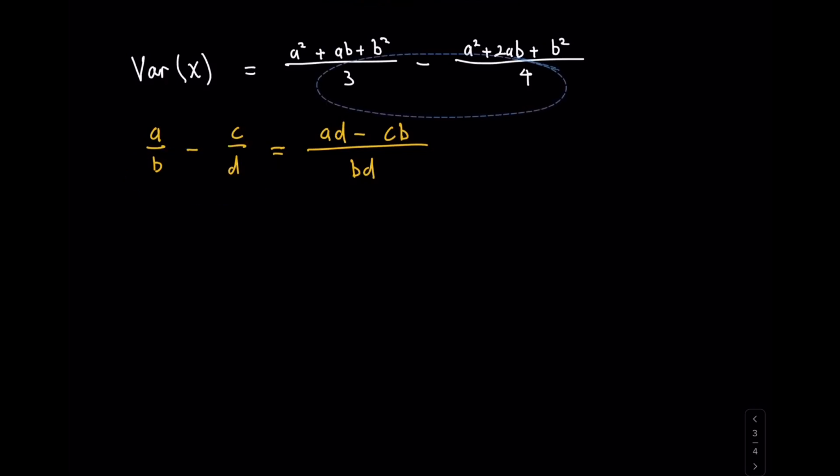So in this case, where we've got 3 and 4, the lowest common multiple, apologies, between 3 and 4 is 12.